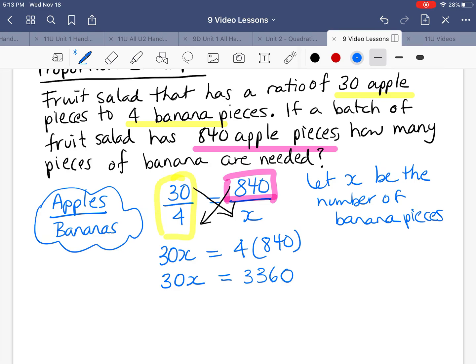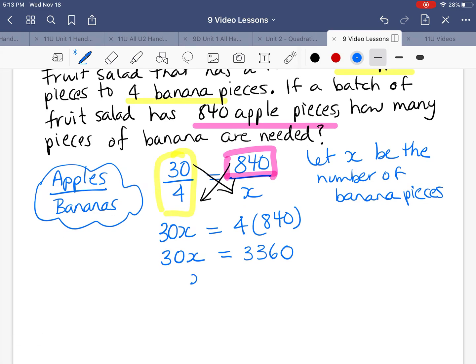Now, we need to figure out what X is, what is this thing we don't know, and we can do that by dividing by 30 on the right-hand side. So here, we are using opposites. We have multiplication on our left-hand side, and to get X all by itself, we're going to do the opposite.